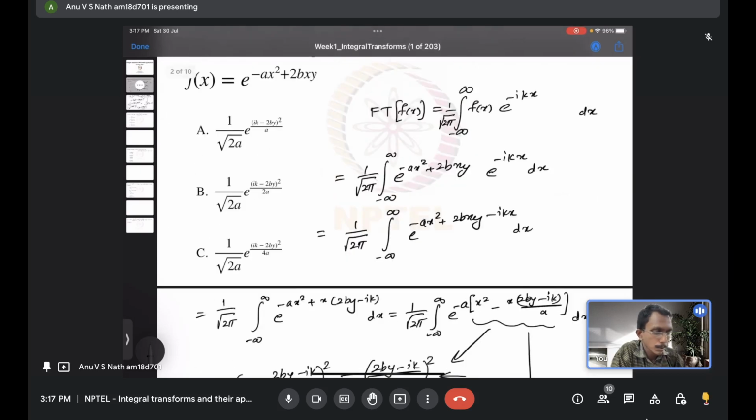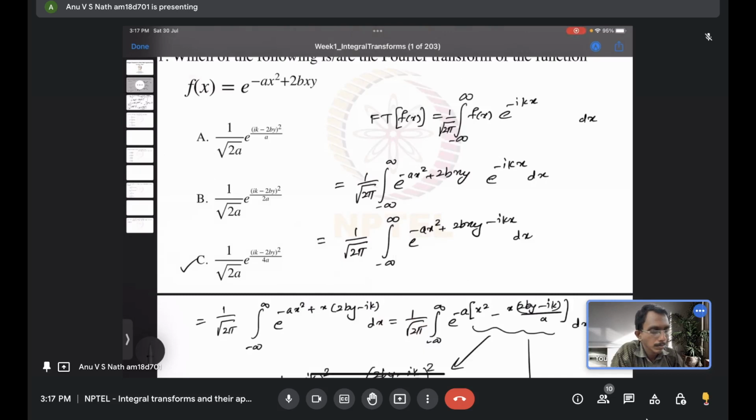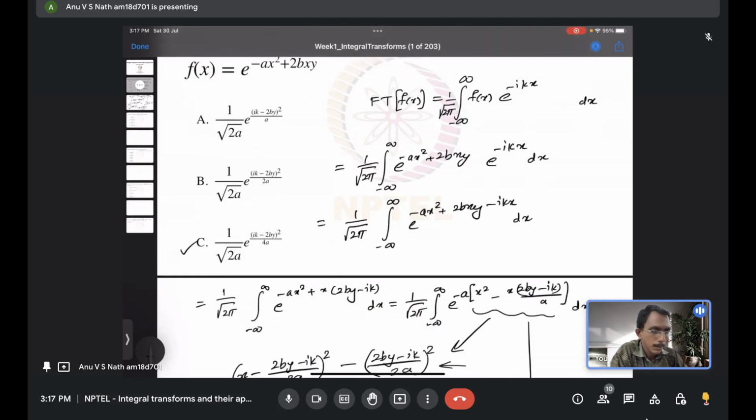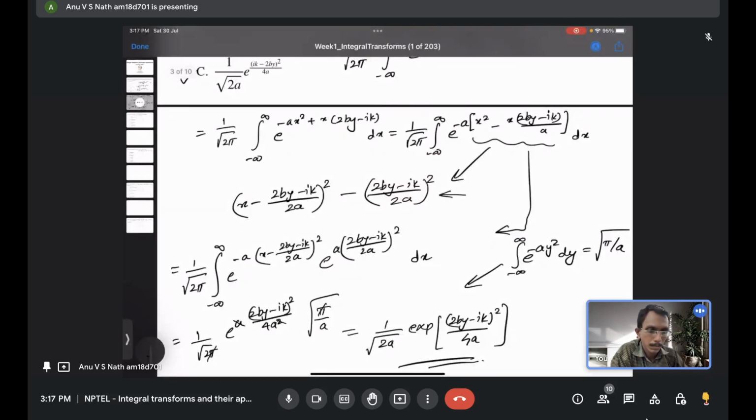So if you see here, option C was the solution. I hope that is clear. If anyone has any doubt, you can ask me.